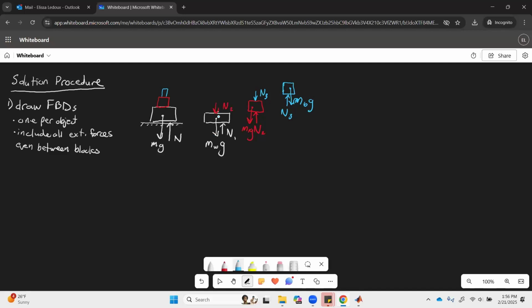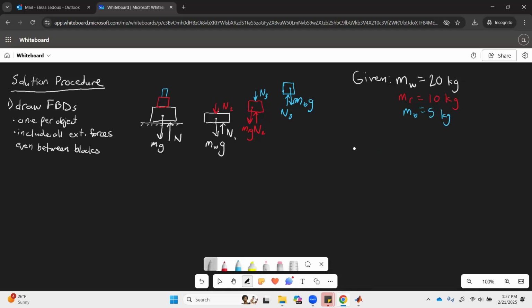Okay, so let's actually work this out as an example. So if we've got a weight for each block, we'll say that we're given mass of the white block equals 20 kilograms, mass of the red block equals 10 kilograms, and mass of the blue block equals 5 kilograms.